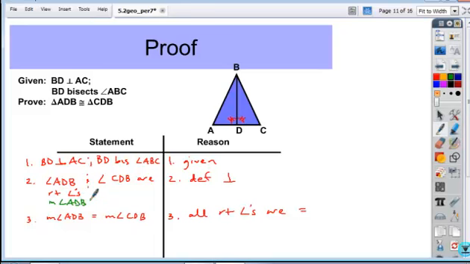Based on the fact that those are perpendiculars means that each of them would be 90 degrees. It would still be justified as definition of perpendicular. And if that was the method that we used to approach it, we'd still wind up with the exact same statement in step 3.